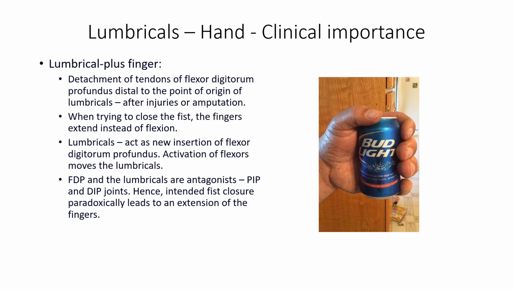Detachment of tendons of flexor digitorum profundus can happen distal to the point of origin of the lumbrical muscles, after injuries or amputation. So the long flexor tendons of profundus get detached distal to the origin of the lumbricals.